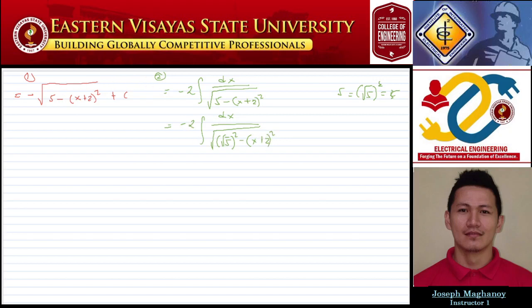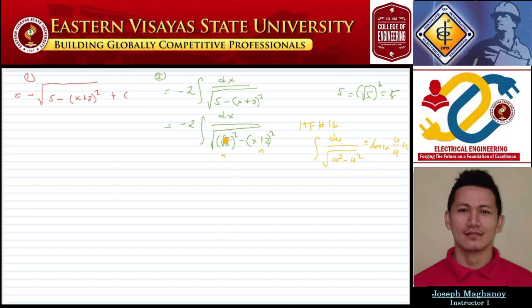We can say that this is our a and this is our u. We can apply our ITF, inverse trigonometric function, formula number 16: du over square root of a squared minus u squared is equal to arc sine u over a plus c.